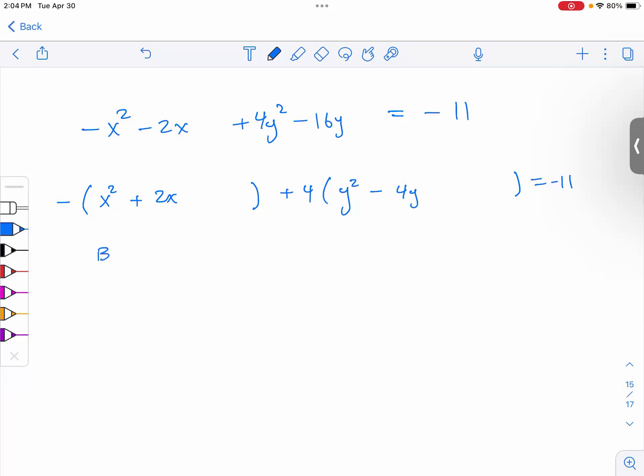So factor the A term. Then start your process identifying B over 2, and C in both cases.